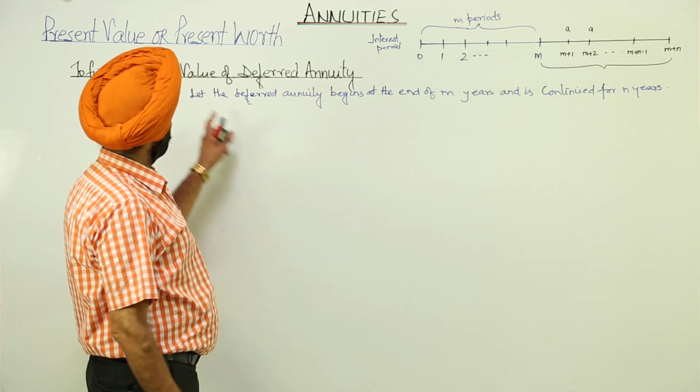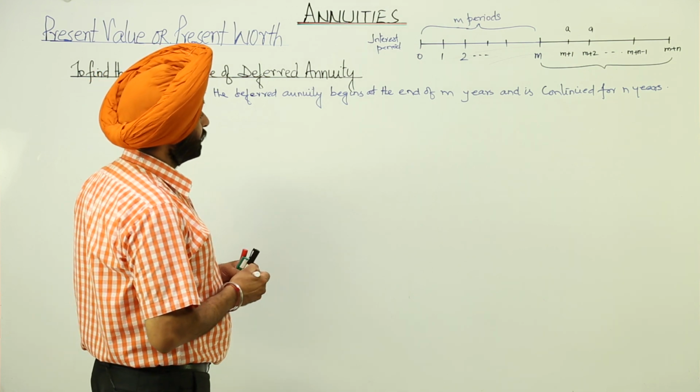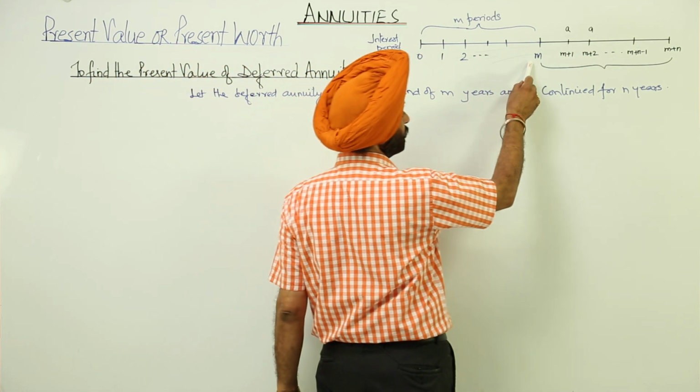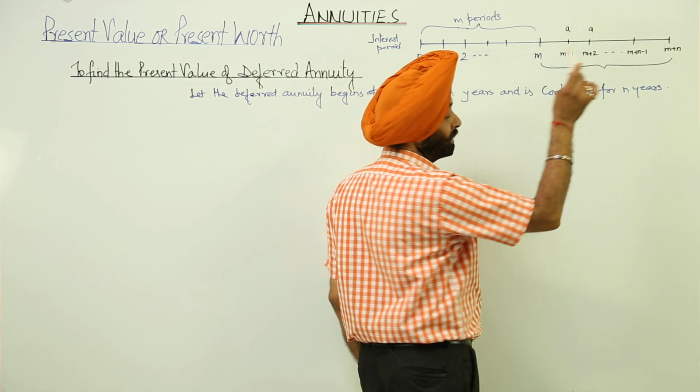Once again, let the deferred annuity begin at the end of m years, that is why I have written m here, and is continued for n years.